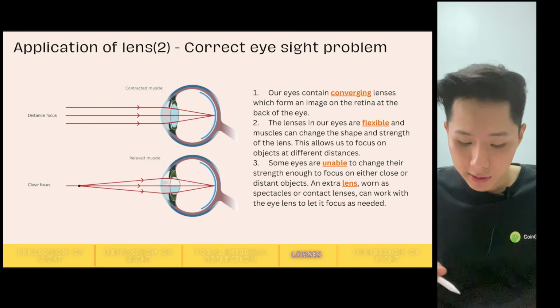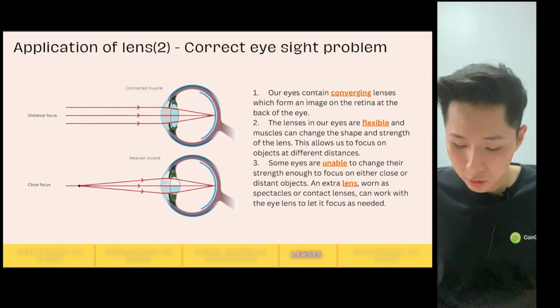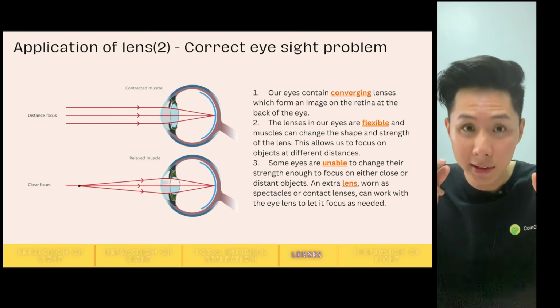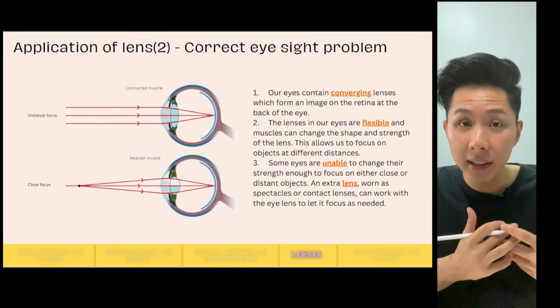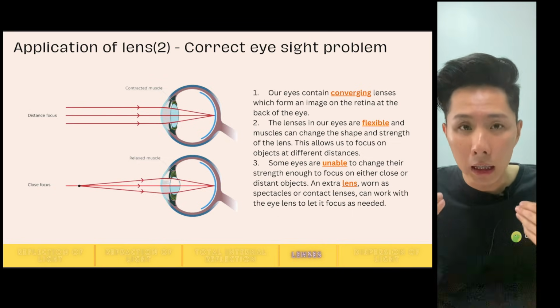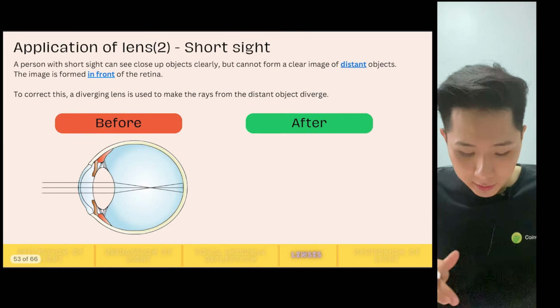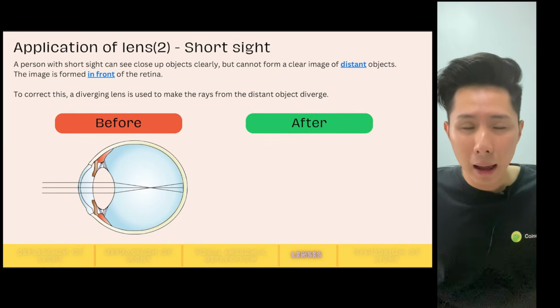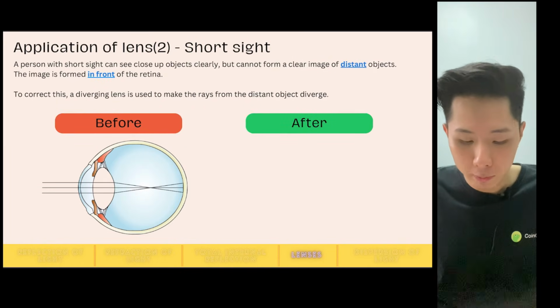However, some eyes are unable to change their strength. They cannot converge the light because the lens either got weak or it's a genetic problem. So here are some applications of lenses that can help solve this problem.